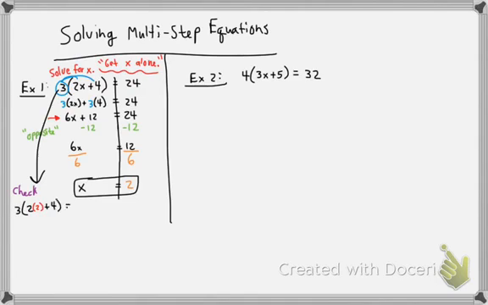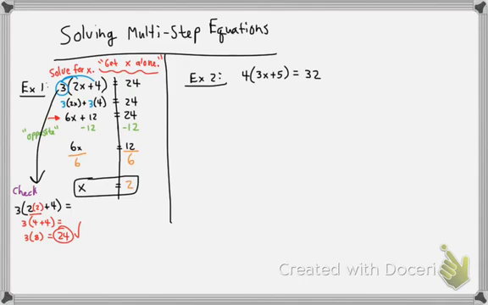If that equals 24, then we are correct. If we follow order of operations, 2 times 2 is 4, and 4 plus 4 will give us 8, and 8 times 3 is 24. So yes, we are correct. X equals 2.